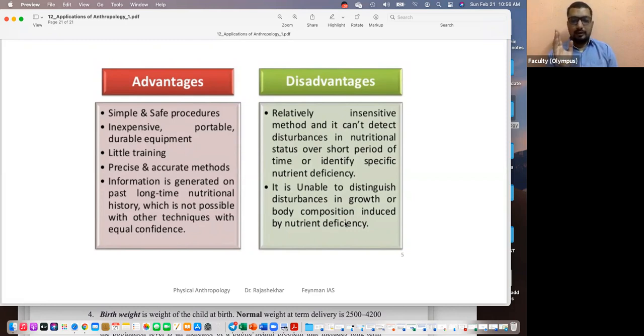Hormonal problem, other health related issues, sometimes you may not be able to figure out. So anthropometry cannot tell us the reason behind it. It can only tell us a difference in the outcome, with age. It is mostly quantifiable in nature. It cannot reveal the actual problem, or only in limited cases. These are the disadvantages of anthropometry.